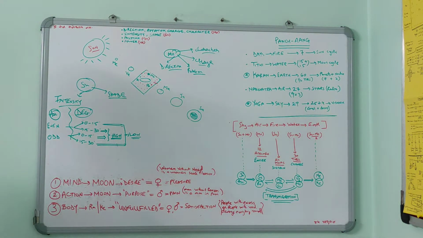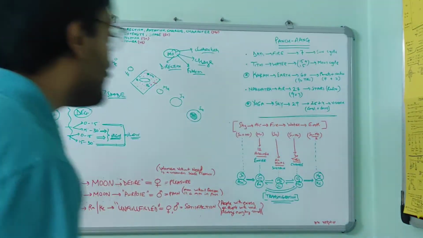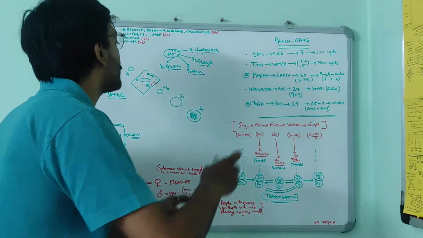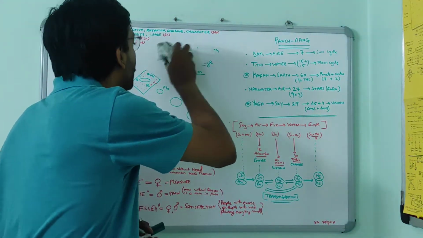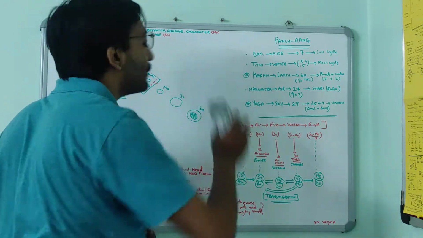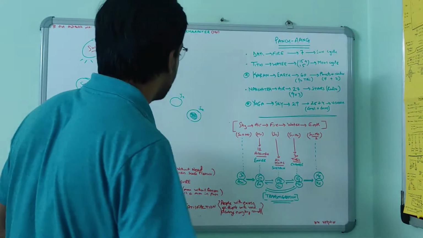We will go much deeper into intensity after we complete all these 8 characteristics. And we are going to arrange these 8 characteristics on the wheel of Vasu. You know the wheel of Vasu? The wheel of Vasu with 8 spokes.